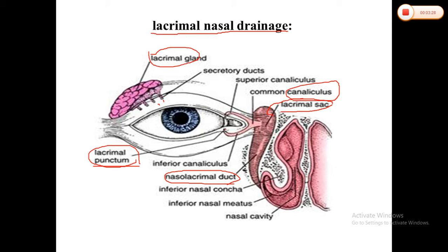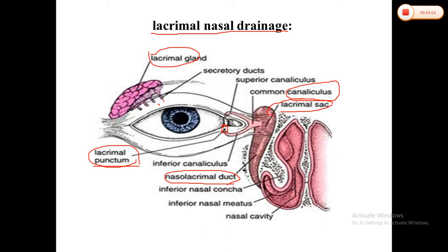This part is basically called the punctum. The upper punctum is 6 mm and the lower punctum is 6.5 mm from the medial canthus, and each is surrounded by fibrous tissue which keeps it patent. This is the lacrimal punctum, from where the tears actually travel into the nasal drainage system.